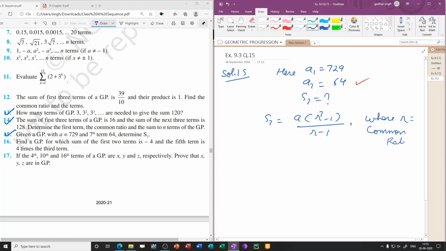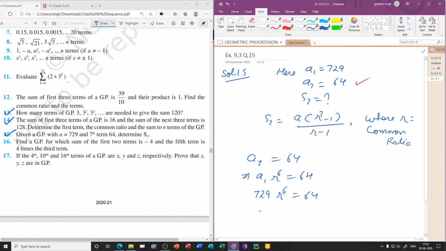Now we'll apply the formula of nth term of a GP, that is a7 equal to 64, will imply a1 into r raised to n minus 1, that is 7 minus 1, r raised to 6 equal to 64. What is a1? 729 into r raised to 6 equal to 64.